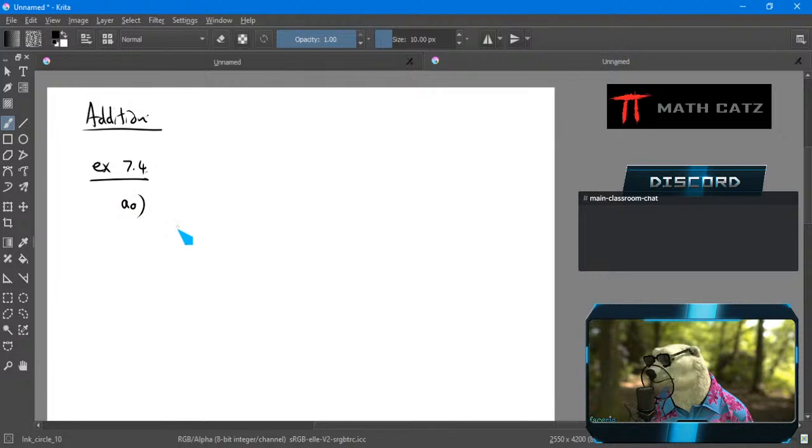What comes before A? I don't know. Before I do the A, B, and C in the book, let's do one with the original one-hand system, then slowly update it because I have to be able to do addition in all of these and see the differences and see the similarities. Okay, so I'm adding a couple of questions at the start of exercise 7.4, which is our addition one.